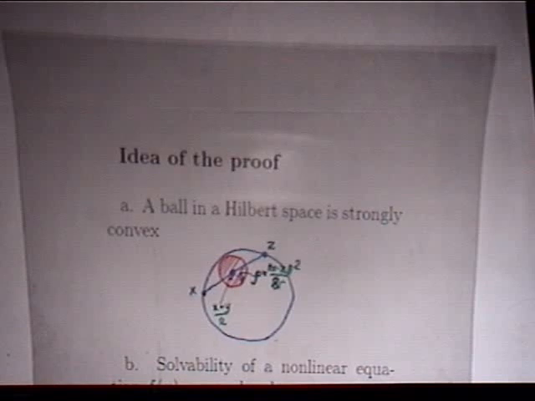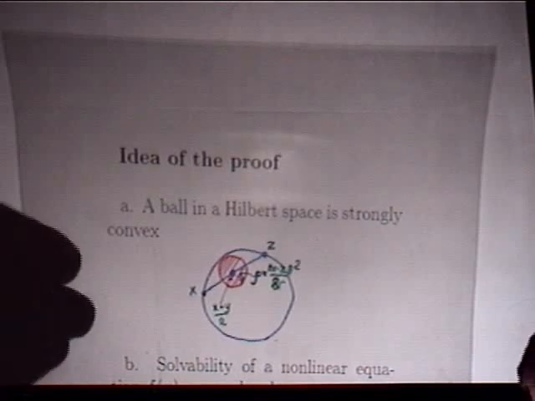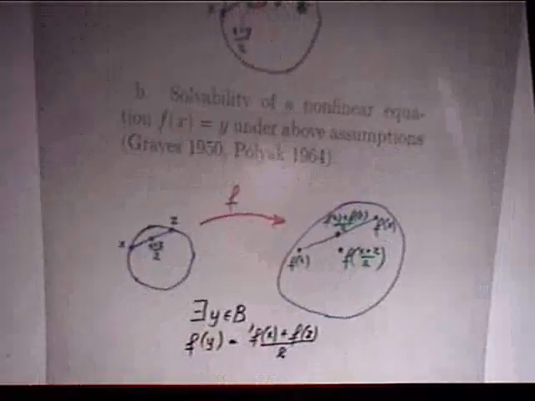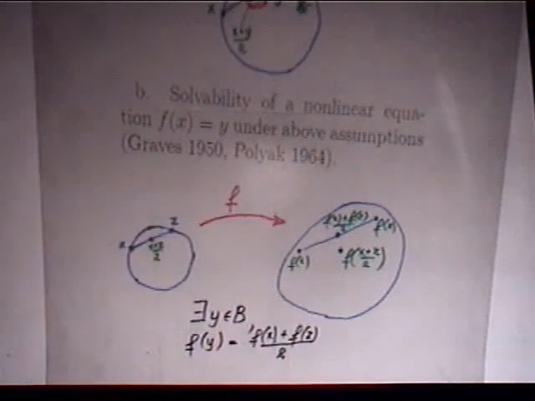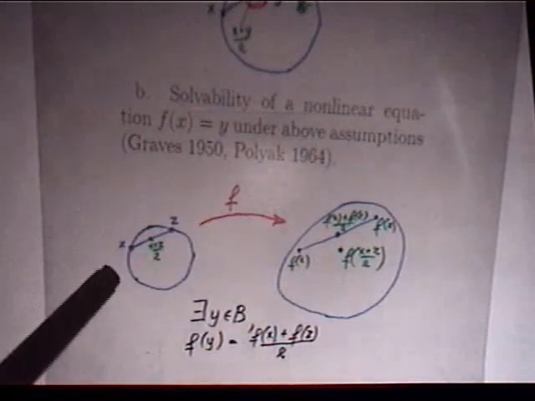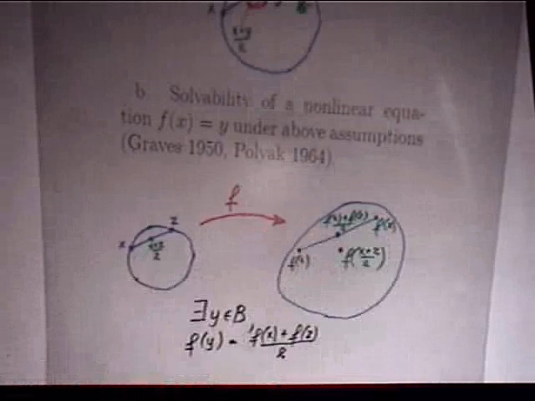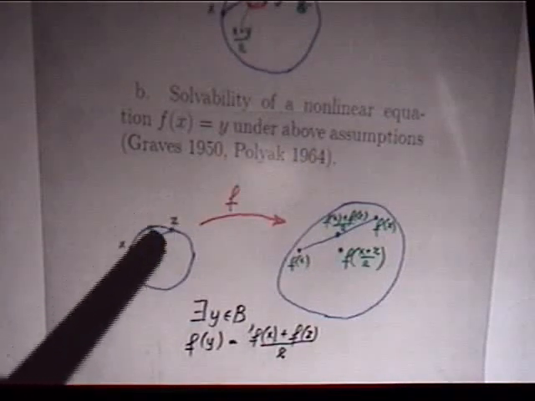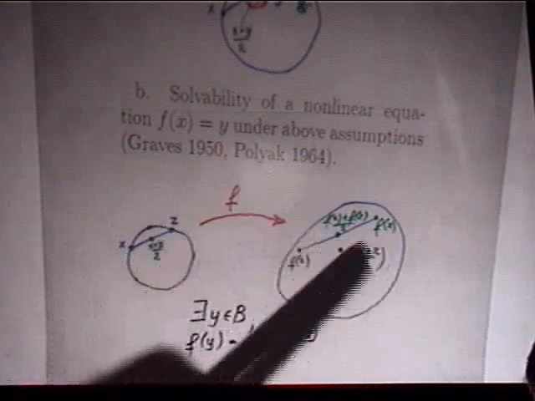The second thing which works here, well, how can we prove the theorem? We take two points in our ball. We look at their images. Then we take the center of this interval and look at its image.